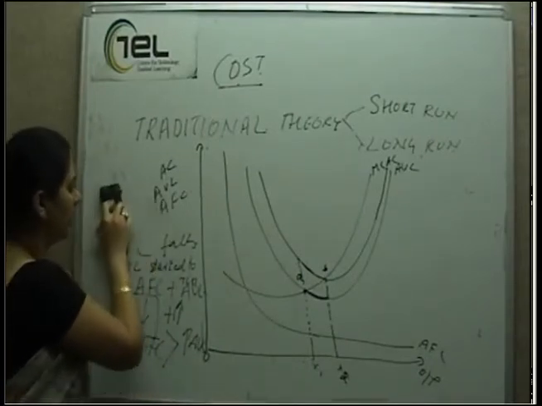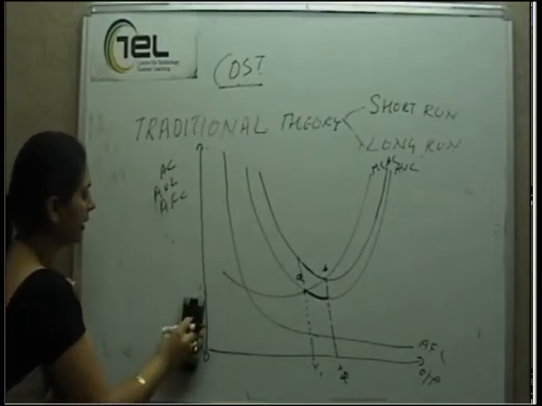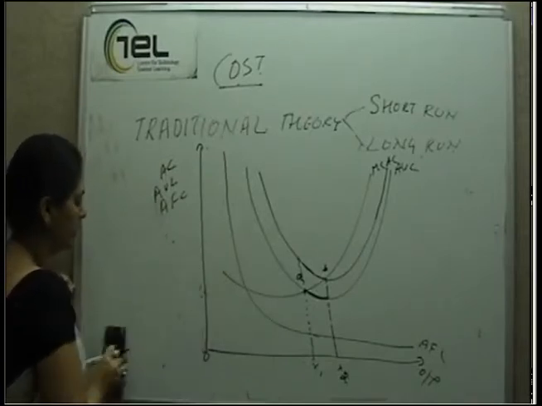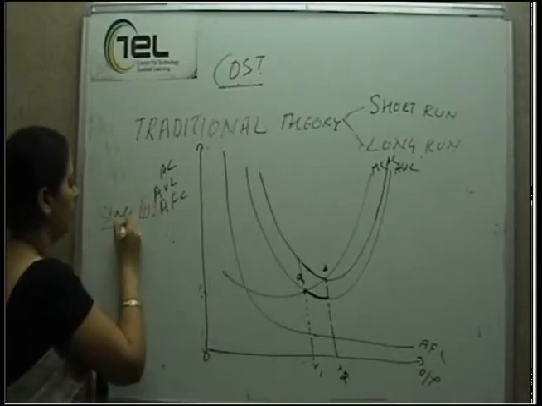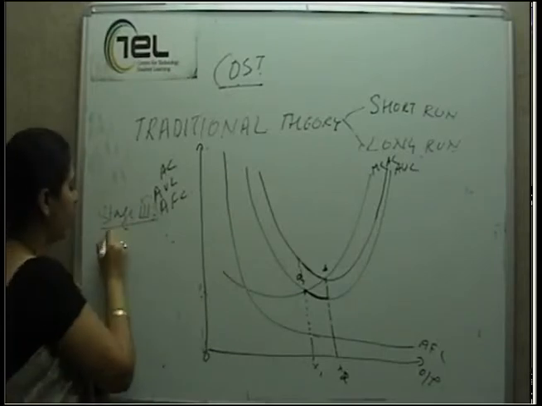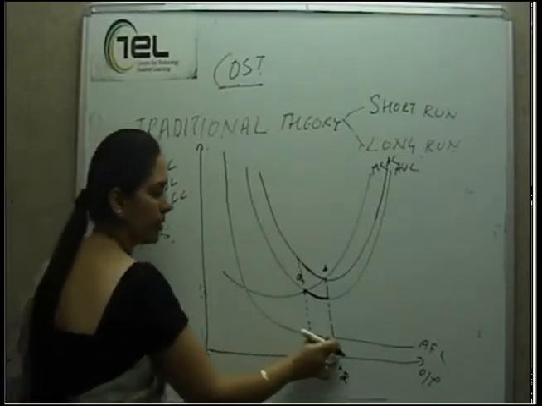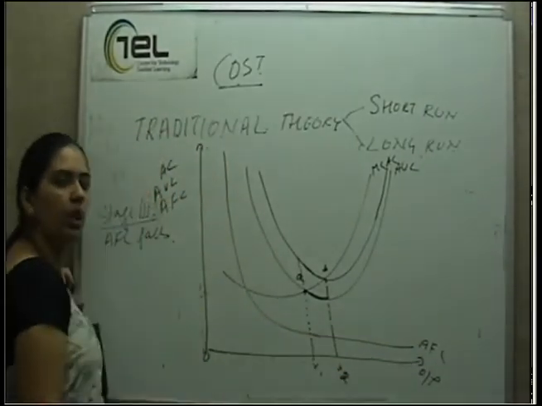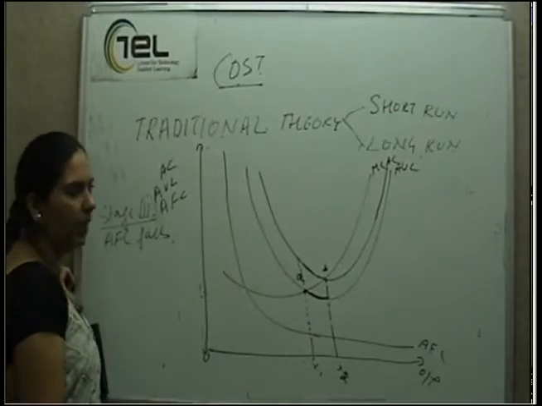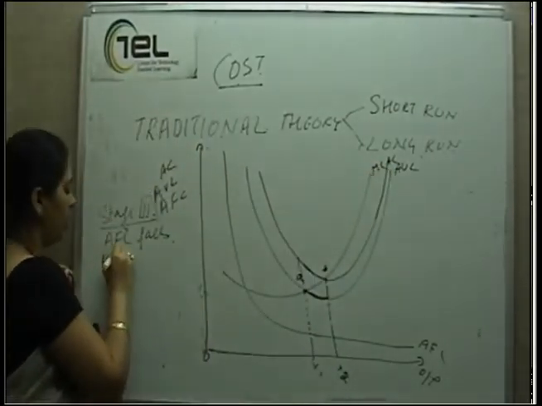Let's come to the third stage. In the third stage, we realize that my AFC again falls after point B, or after the level of x2. The AFC keeps on falling, but AVC now starts to rise at an increasing rate.